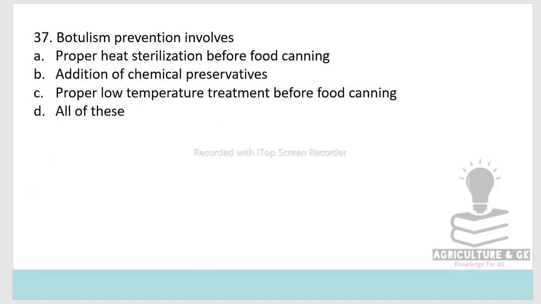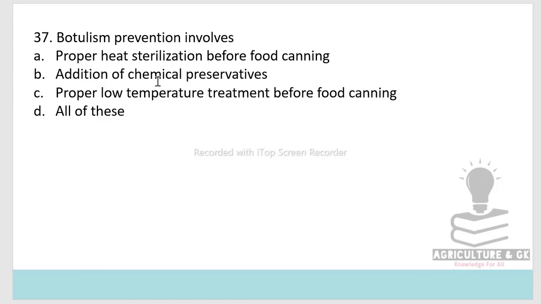Now last question for today. Botulism prevention involves proper heat sterilization before food canning, addition of chemical preservatives, proper low temperature treatment before food canning, or all of these.